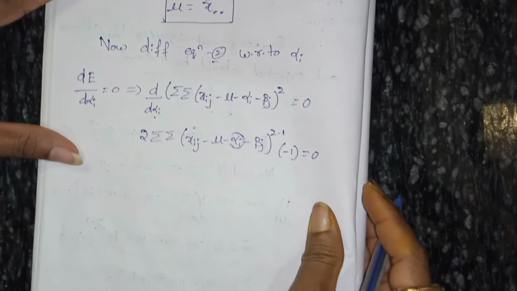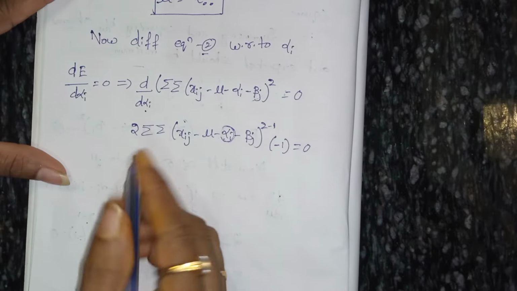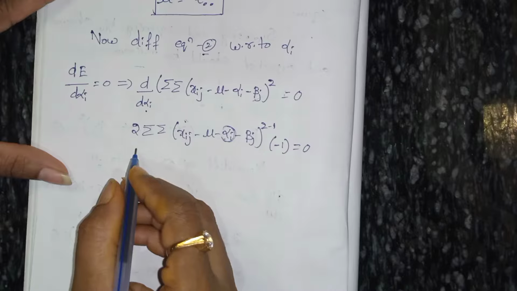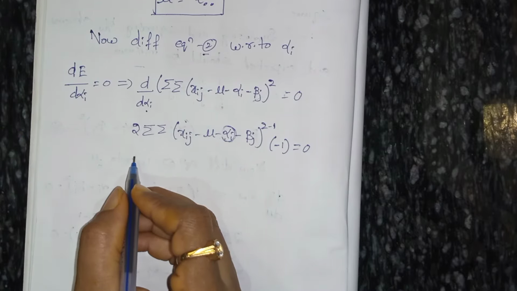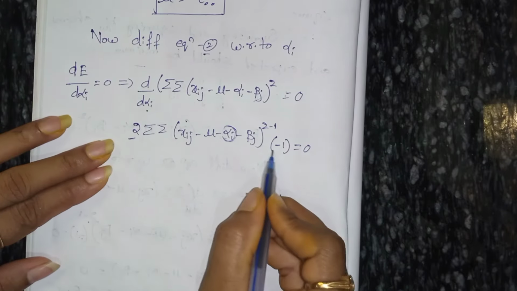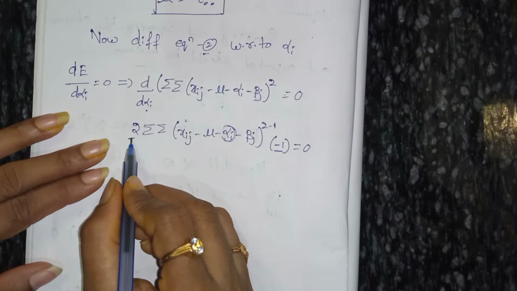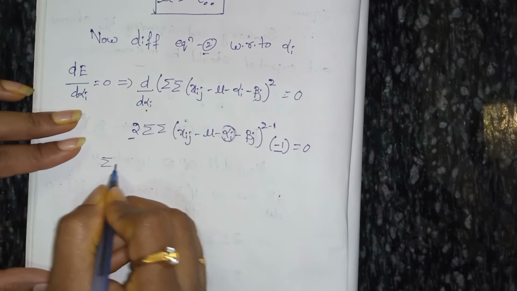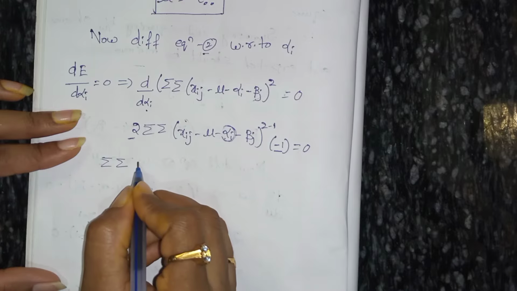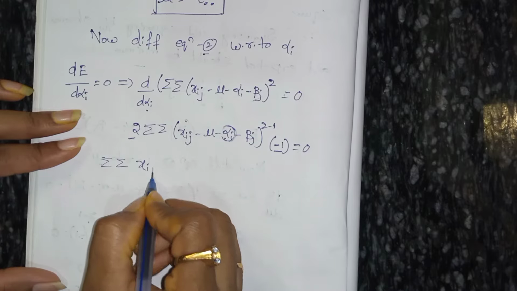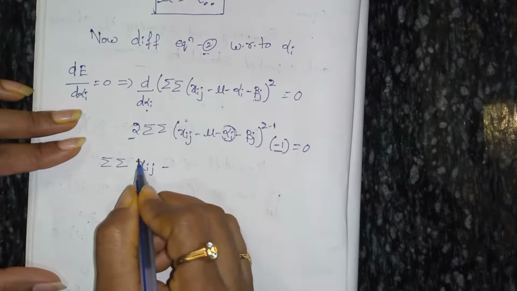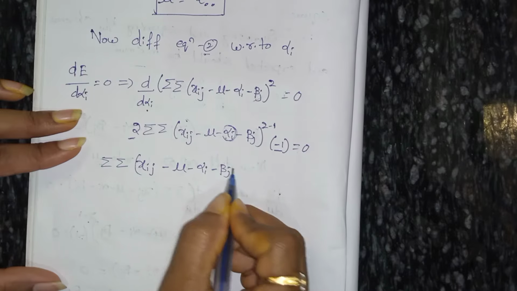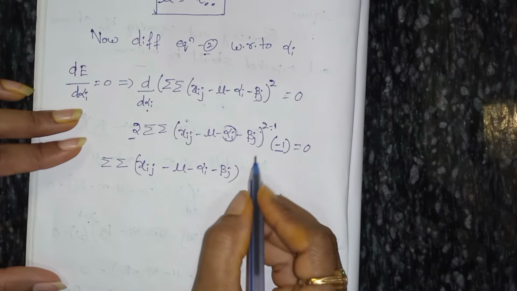Here, 2 and this minus 1, I am taking from this side to that side. It becomes 0. So double summation (xij minus mu minus alpha i minus beta j) whole to the power of 2 minus 1 is nothing but 1.